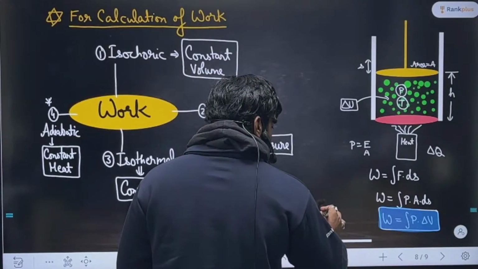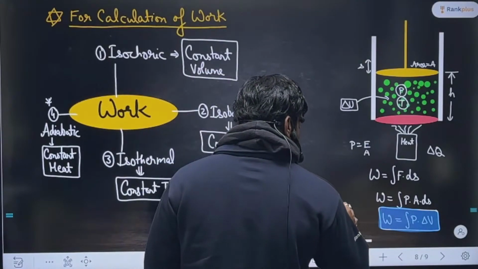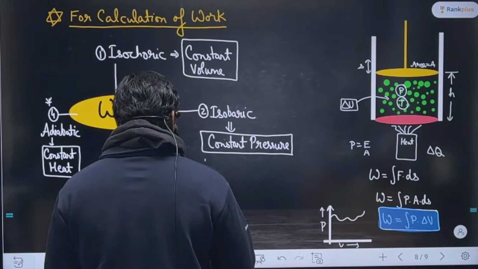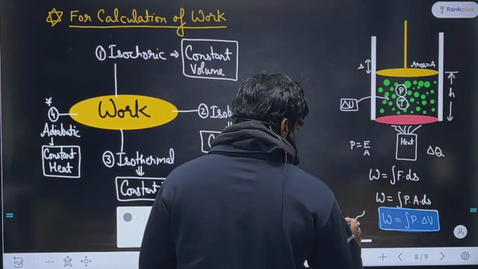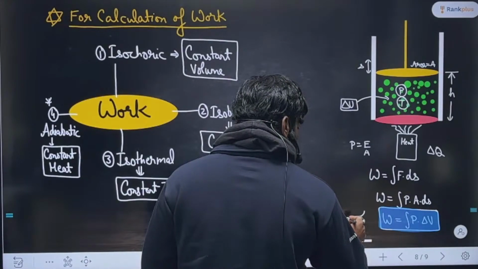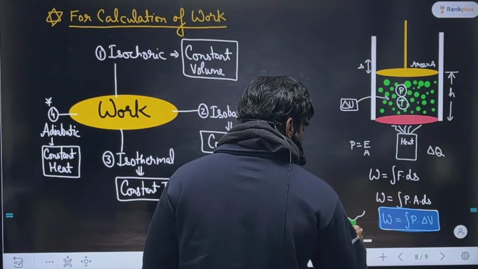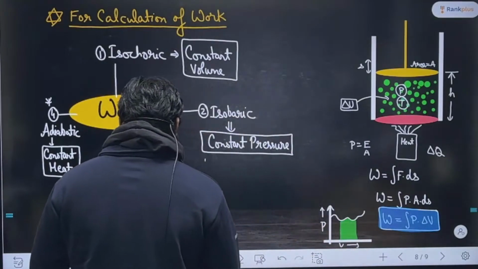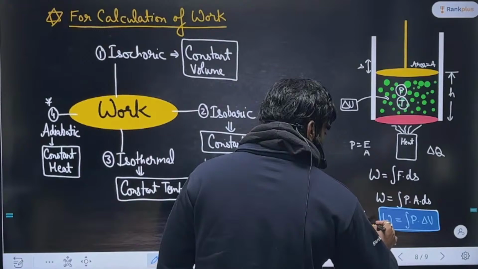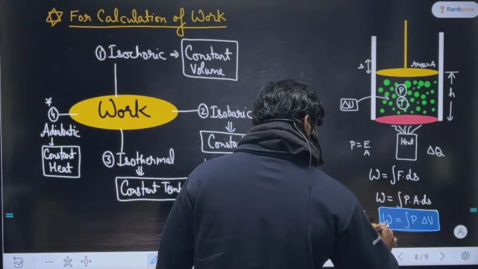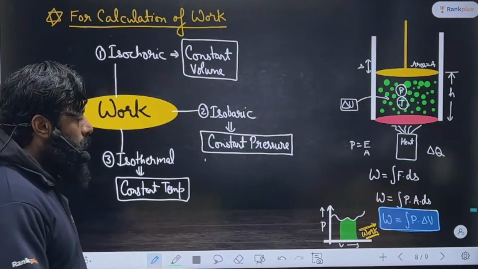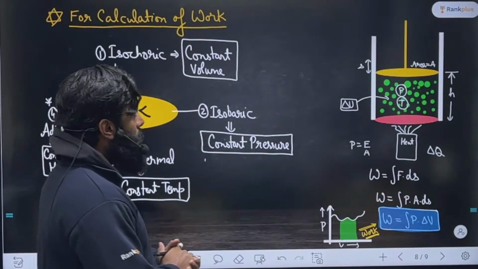So if there is a PV curve, and I'm getting the area under the PV curve, this will give me the work done. I hope that this thing is clear.